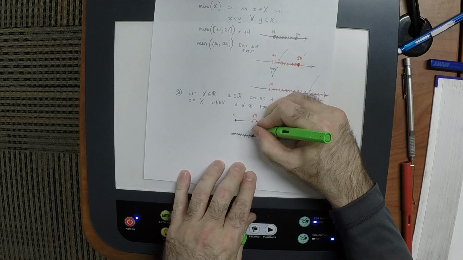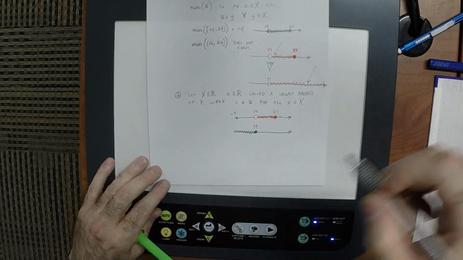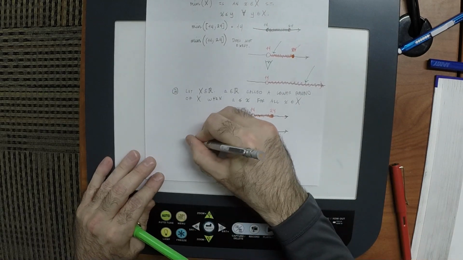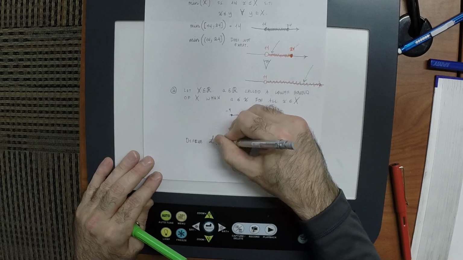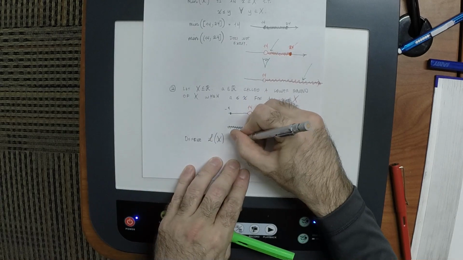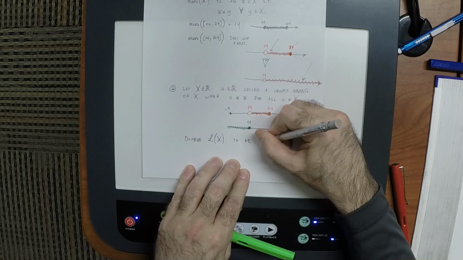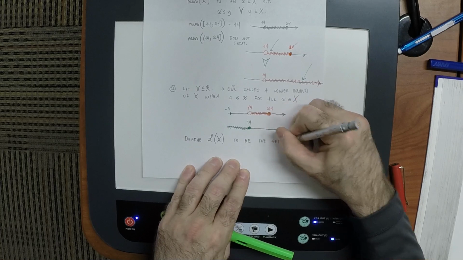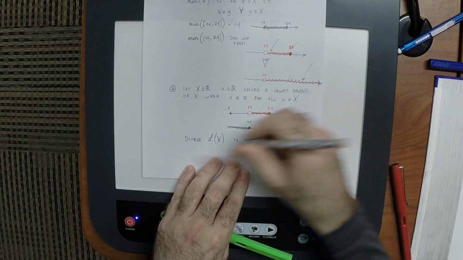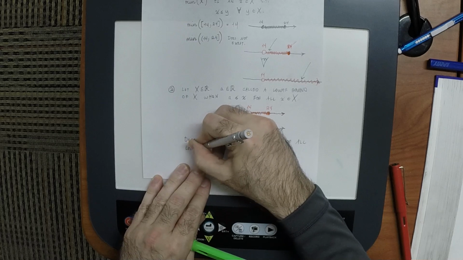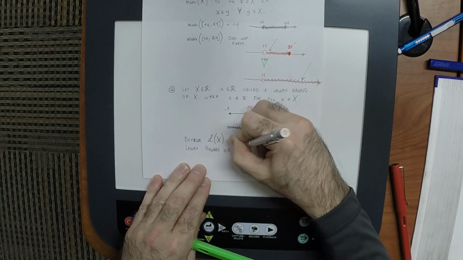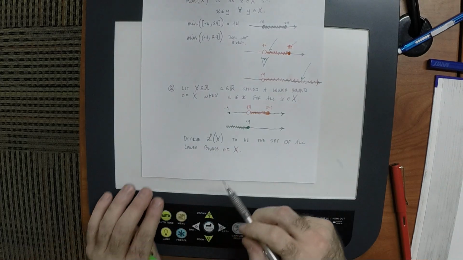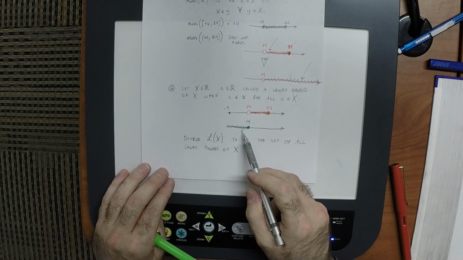It's that. So now, finally, I can say we'll define L of X to be the set of all lower bounds of X. And so how about that set there?